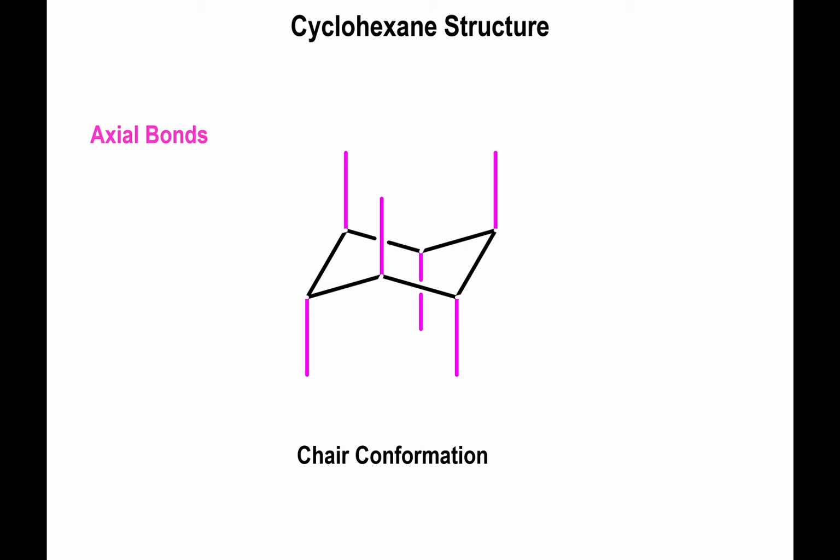What will not change, however, is the fact that if you have a wedge bond, that particular group will have to be above a hydrogen, and if you have a dash bond, that group will have to be below a hydrogen. That will never change. But your axial bonds are probably the easiest to draw, because all you have to look at is whether your carbon here is pointing up or if it's pointing down. If it points up, draw the bond up. If it's pointing down, draw the bond down. So these are the axial bonds.